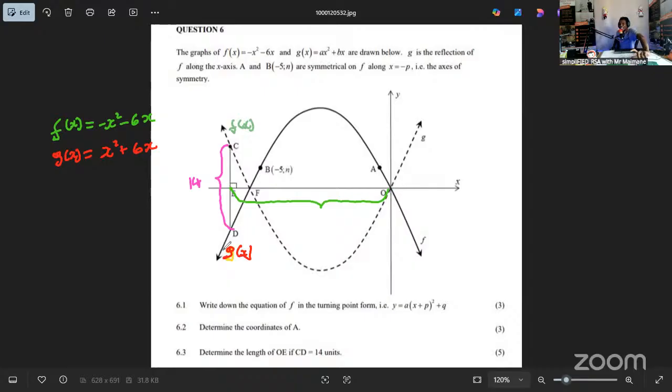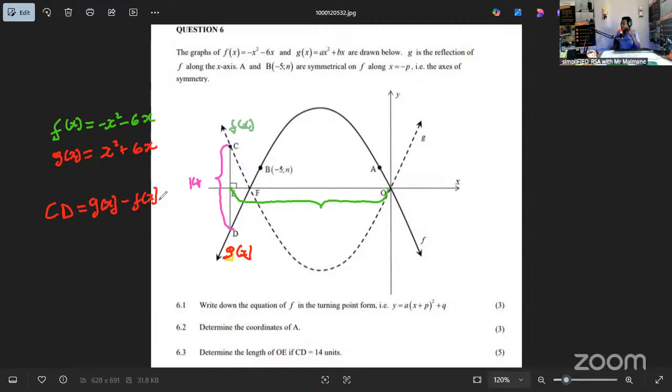Now, CD is the distance between C and D. And since CD is the distance, if we didn't know it, we would say CD is at the position where it is g of x minus f of x, because at that position, that's where we have g of x minus f of x.